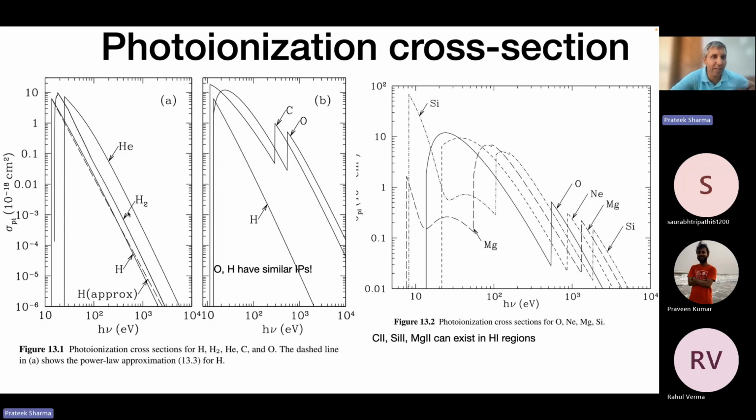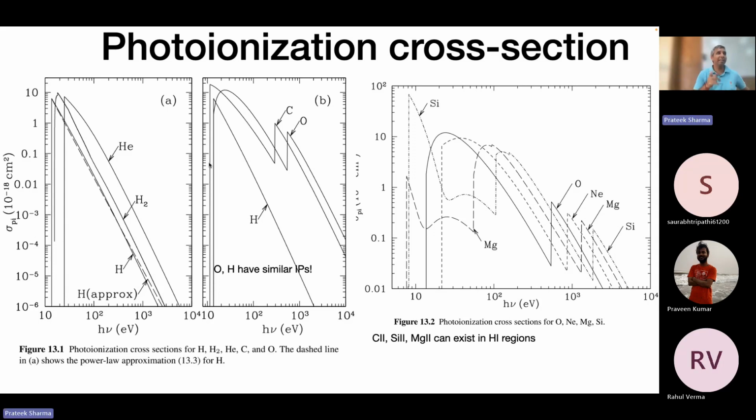Now, what is this? This is H2, the hydrogen molecule. It gets ionized at slightly higher energy compared to neutral hydrogen. So here are other abundant atoms. This is carbon. Notice that the carbon ionization potential is lower than hydrogen.